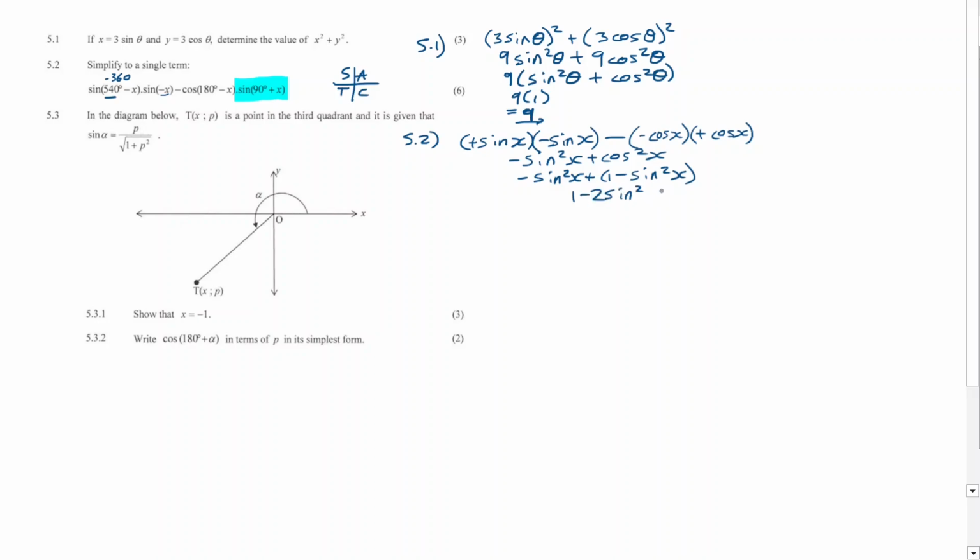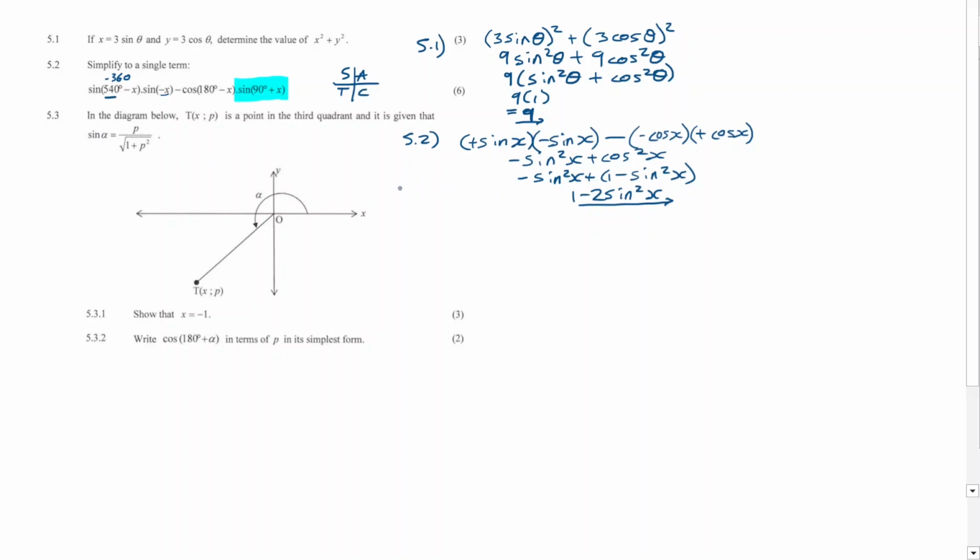As a grade 11, that's where you'd probably end. As a grade 12, you might look at this step and realize it's just cos squared minus sine squared, which is cos 2x, or 1 minus 2 sine squared x is cos 2x. So that's just chucking it in there for any matrics that are watching this video.